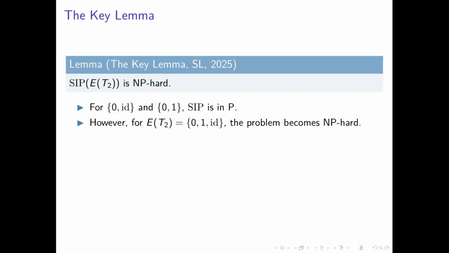Okay, so I want to talk about the key lemma. Of course, I don't have enough time to prove this key lemma in detail, but I want to show some examples. Why does this reduction work?